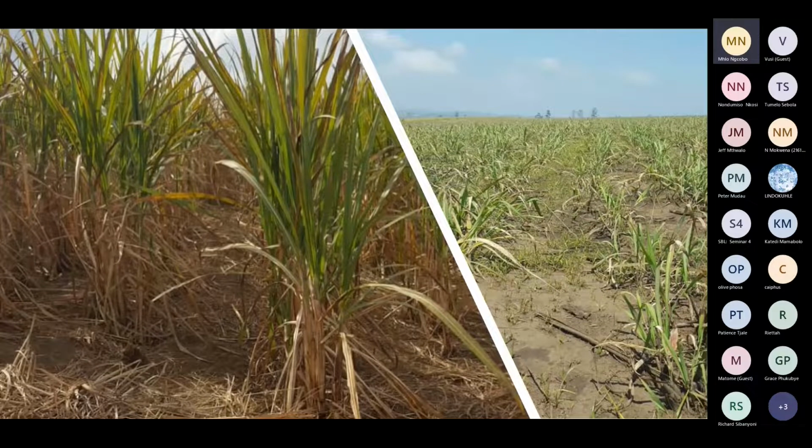Then when the cane grows more to probably above knee height, you come in with your hand hoe, and then you try and take out the weeds that are present there, and then your cane would grow from there and grow very well. We can move to the next slide.